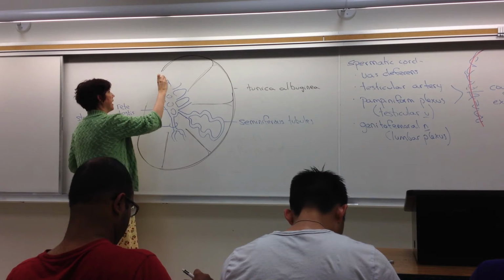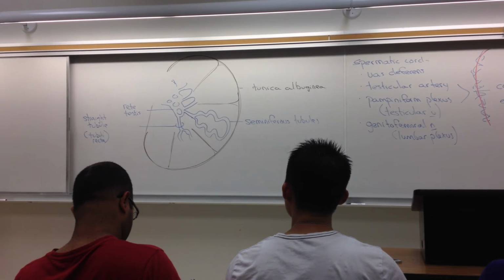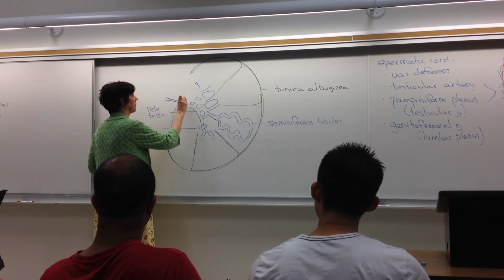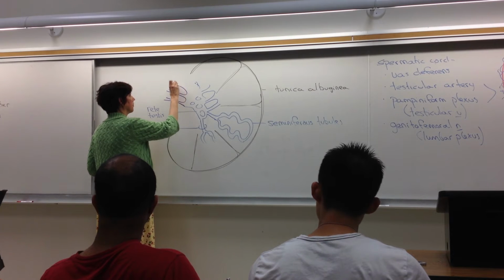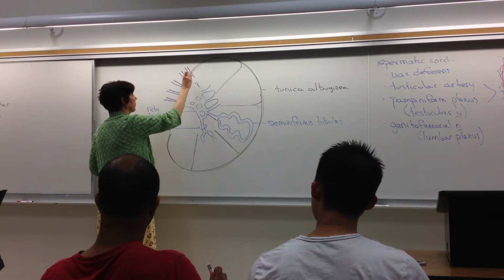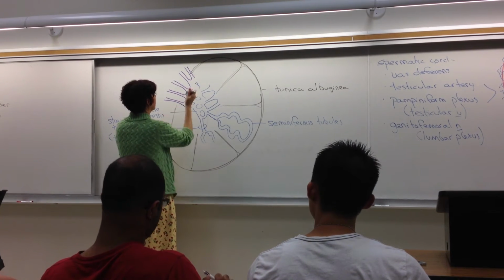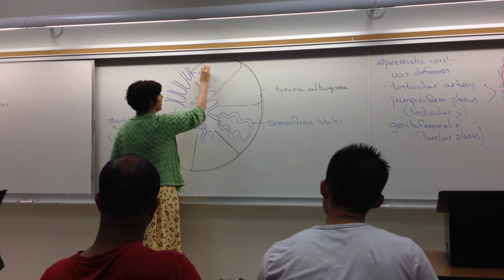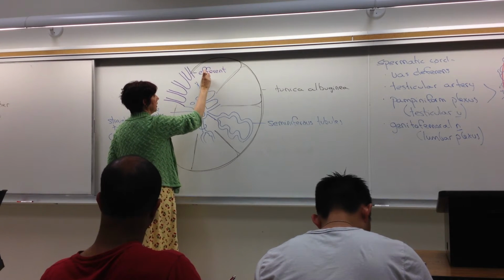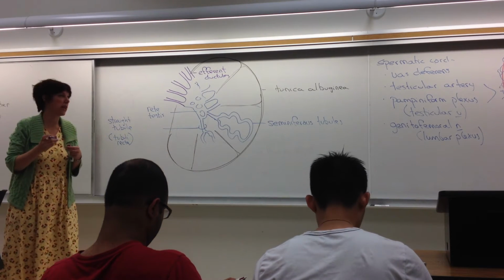So we start to see that structure now from the mesonephric duct. I'm drawing it in a different color because it has its origin from the mesonephric duct. So efferent ductules or ducts.